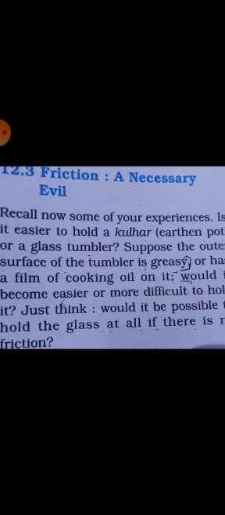For example, you sprinkle powder on the carom board to reduce the friction. Even a bicycle or motor machine uses grease between the moving parts of the machine so that you can reduce the friction and increase the efficiency.